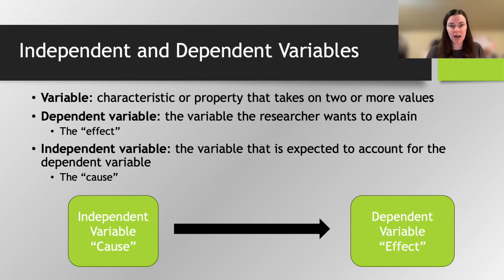So let's tease out this idea of independent and dependent variables a little bit more. If you've taken the research methods course within this department, this should look pretty familiar to you, but if not, let's go over this together with respect to Dr. Pager's study. A dependent variable is the variable the researcher wants to explain, or the effect.